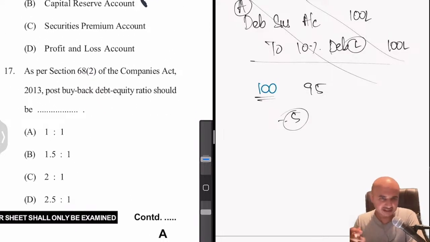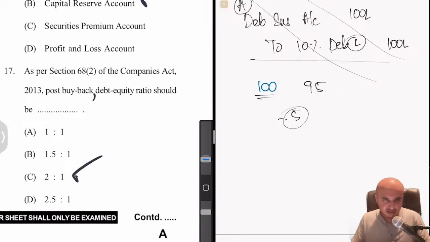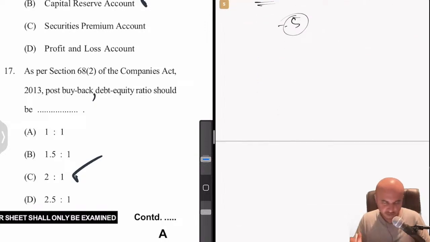This is also very easy. This is a fact-based question again. As per section 68 subsection 2 of Companies Act 2013, post buyback, debt equity ratio should be how much? So the easy answer is 2:1. That means after the buyback, the maximum debt equity ratio should be 2.